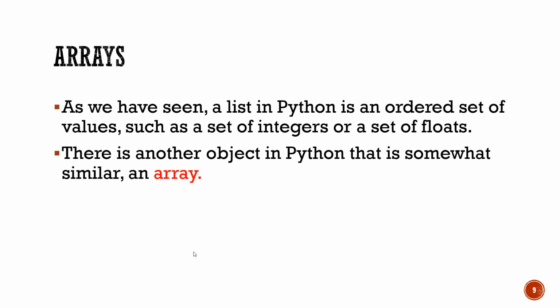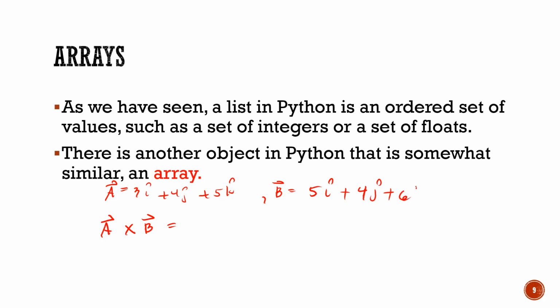You can also use it, if I have a matrix, for example, do you remember if I have vector A cross vector B? Say my A is 3i hat plus 4j hat plus 5k hat, and then my vector B is 5i hat plus 4j hat plus 6k hat, for example.